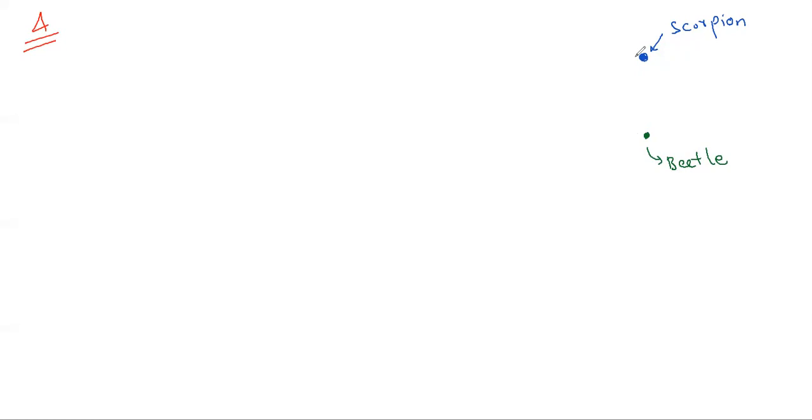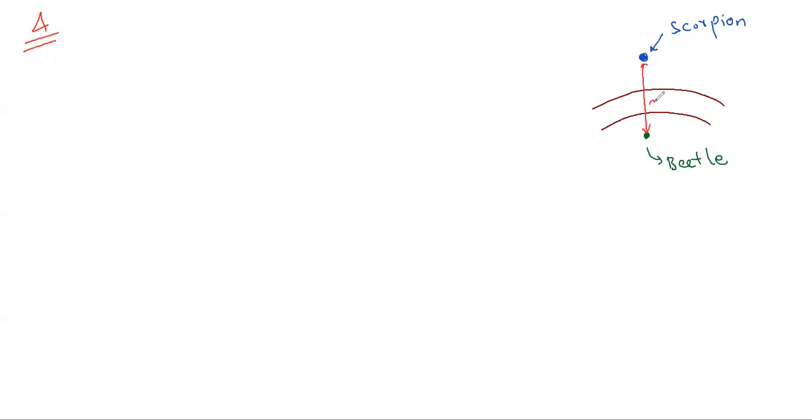And how can he detect this beetle? By the waves which are produced on the surface of the sand by the motion of the beetle. So these waves are of two types. For example, by the motion of this beetle, the waves are produced, and these are the waves, and the distance between beetle and the scorpion is d.